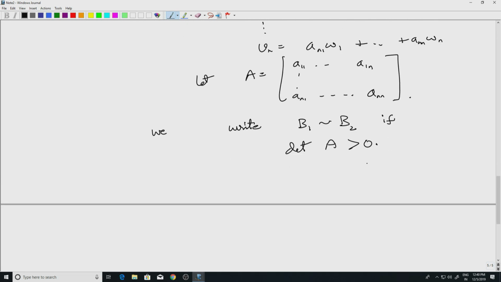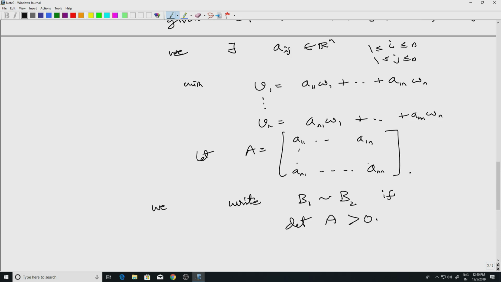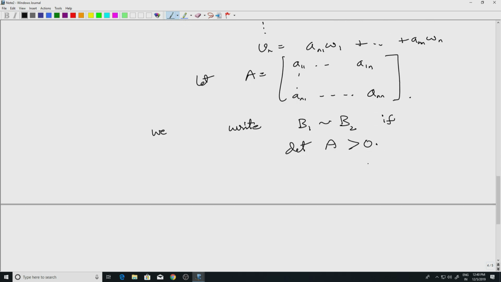Now a small check: one can check that this notation tilde is actually an equivalence relation on beta.